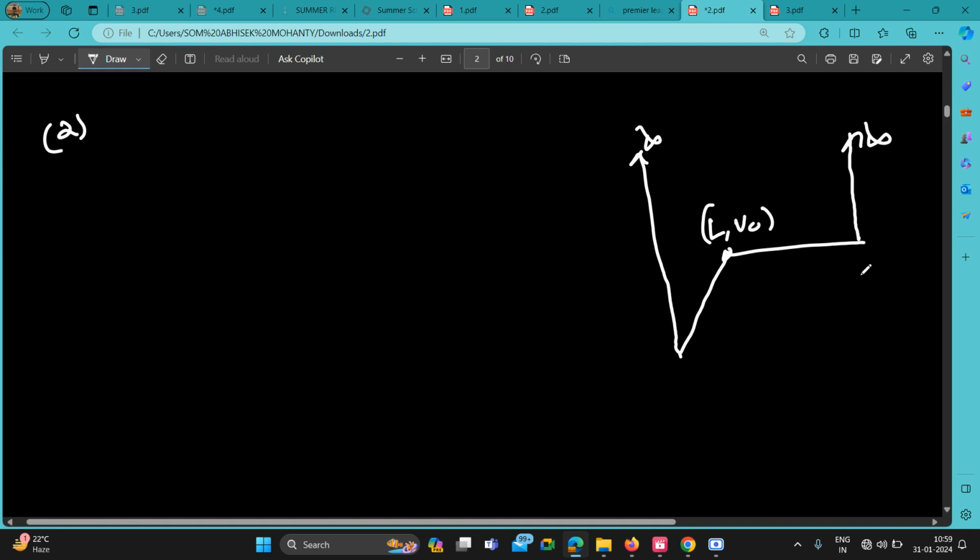Next question. Suppose the potential is V naught from minus L to L. We have to find the first order correction.